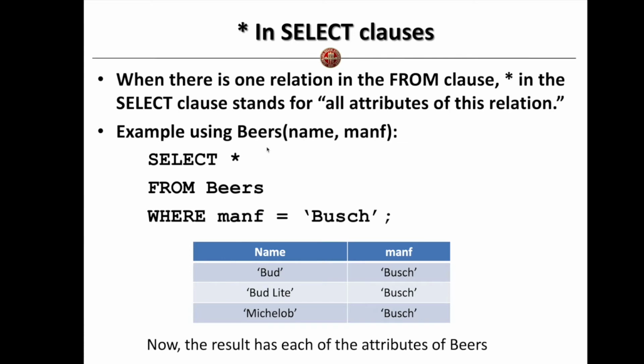In other words, from beers we project all the attributes in the beers table, so we have name and manufacturer in the returned result. And we have a condition that manufacturer equals Bush, and you can find in the returned table that the manufacturer always equals Bush. So we can even start this way by projecting all the attributes.